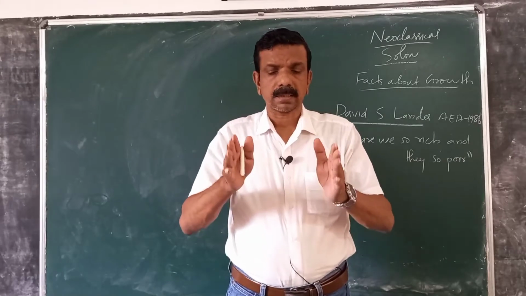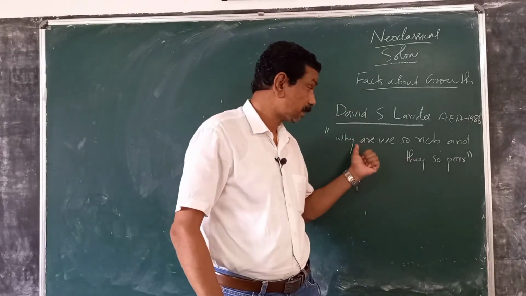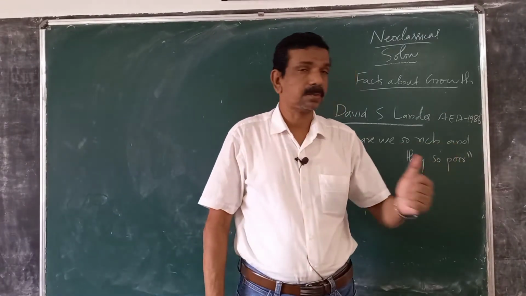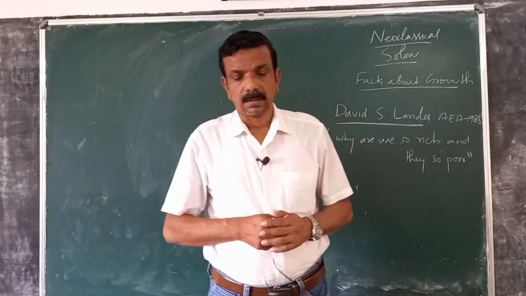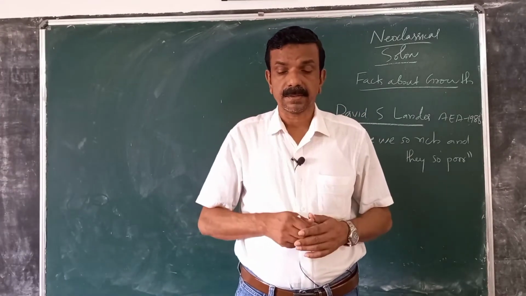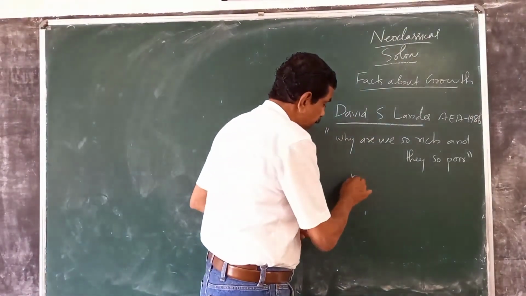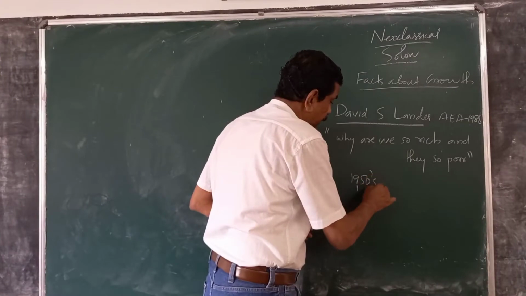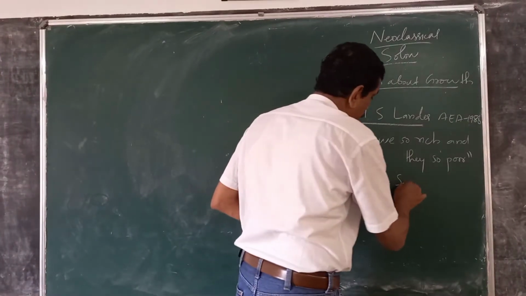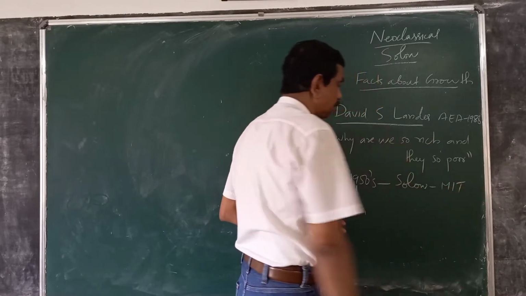The modern examination of why are we so rich and they so poor dates to the 1950s and the publication of two papers by Solow of the Massachusetts Institute of Technology.